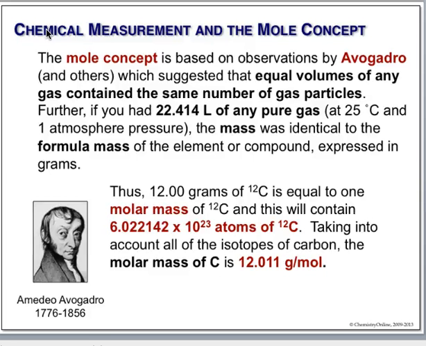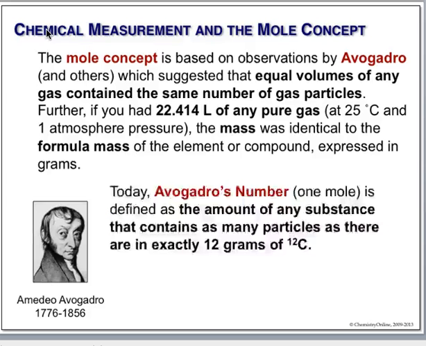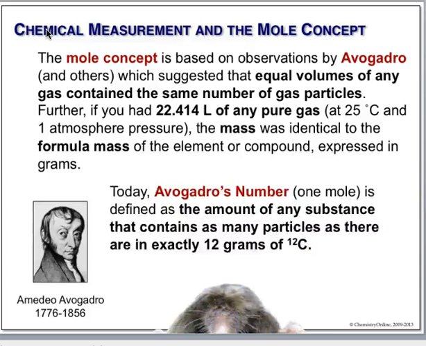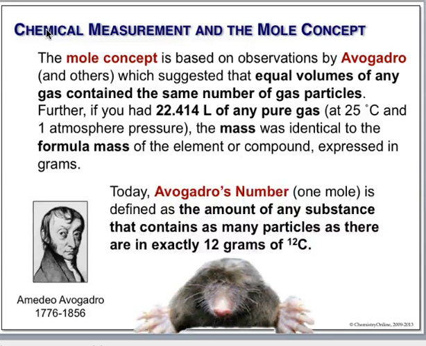The mole used to be defined based on volumes and stuff like that. These days, it's simply based on as many particles as there are in exactly 12 grams of carbon-12. All right, so that's what molar mass means.